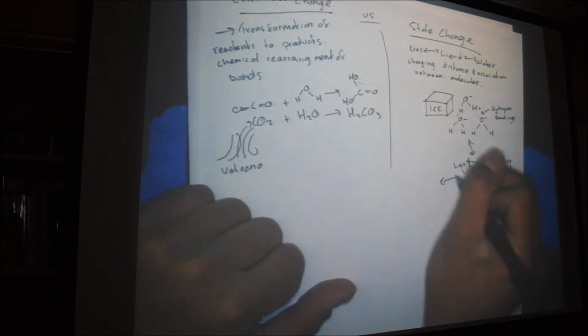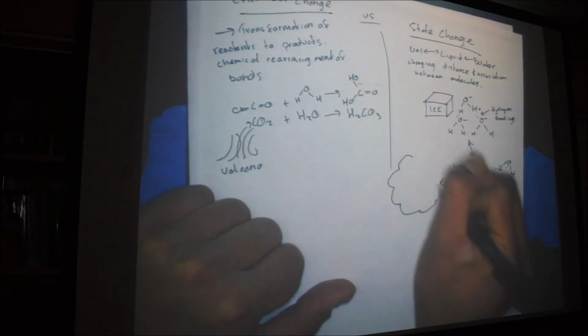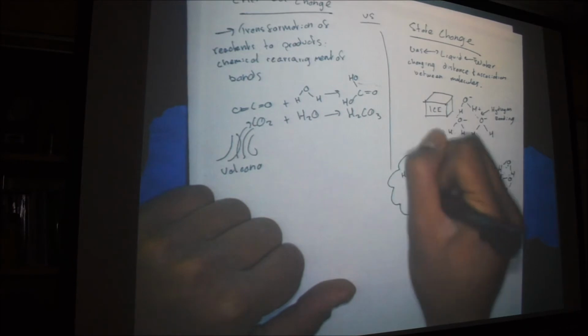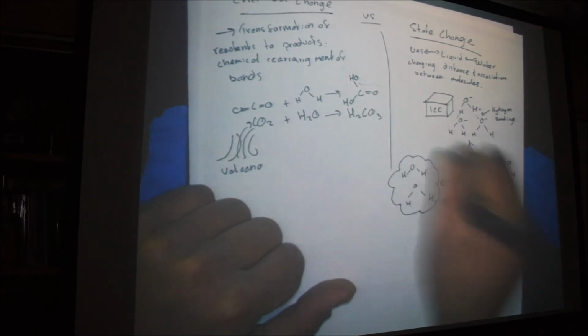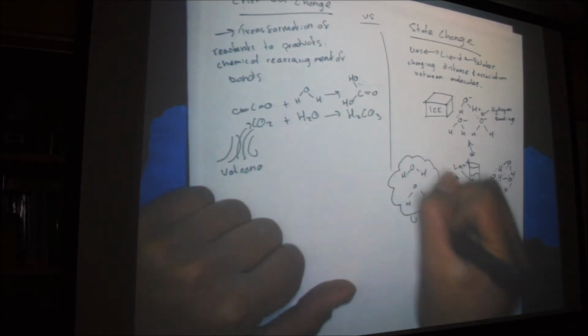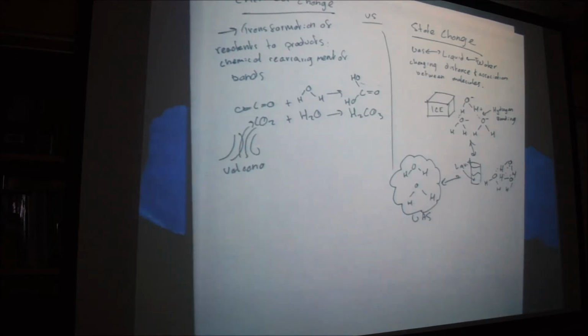Now, if you go over to a gas, you have this H2O, and they're very far spread out, and they're not really associating much at all. So this is a gas. So what you should consider is that with ice, liquids, and gas, no matter what, you're going to have water, and there's no rearrangement of bonds. There's only a difference in the association and distance between the molecules based on if it's an ice, a liquid, or a gas. Ice being solid.